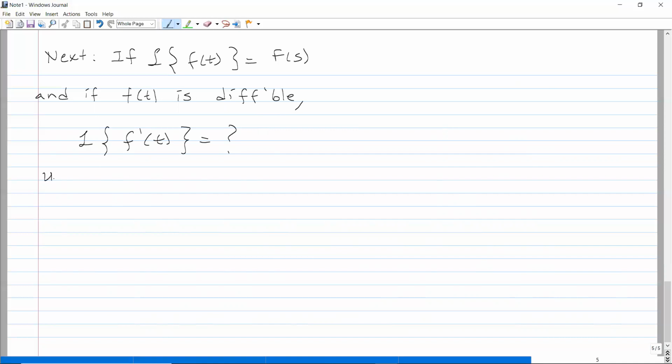And use this to transform differential equations. So this is going to be the content of the next lecture, but this is all for lecture 21. Okay, talk to you later.